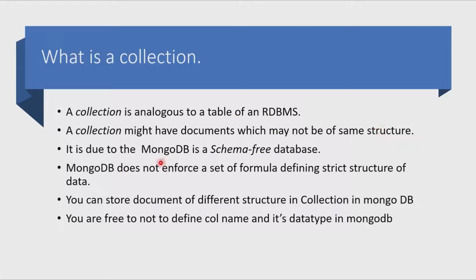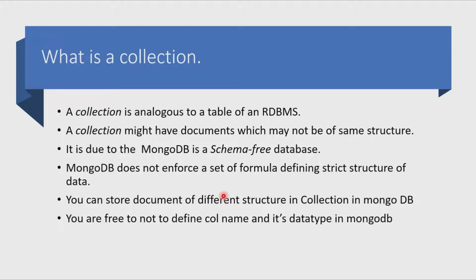In MongoDB, there is no strict schema design. Let's say you have one document with two fields, you can have another document in the same collection with more than two fields. But in the case of RDBMS, the same is not true. You will have to follow it strictly. It doesn't allow you. So MongoDB does not enforce any kind of strict schema design.